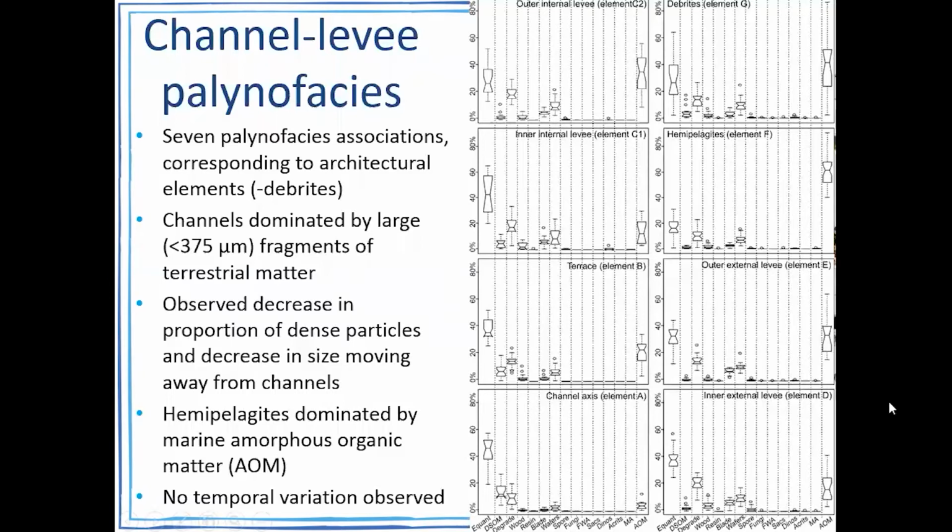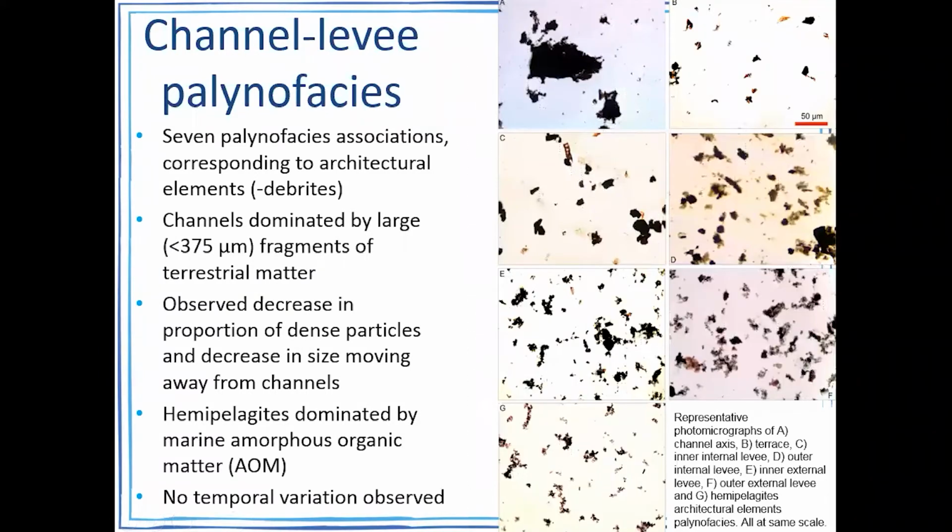What we've seen is that we can recognize 7 different palynofacies associations corresponding to the architectural elements, minus the debrites that showed a more sporadic type of distribution. What we see is that the deposits from the channels have the largest fragments of dominantly terrestrial organic matter.